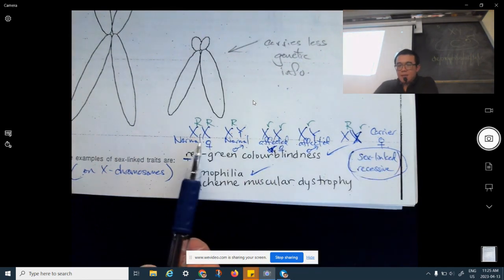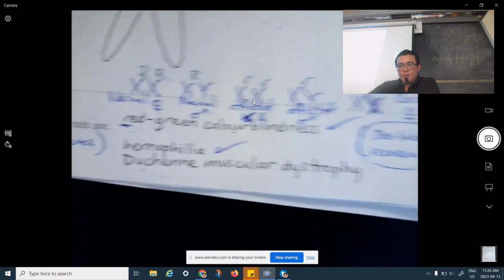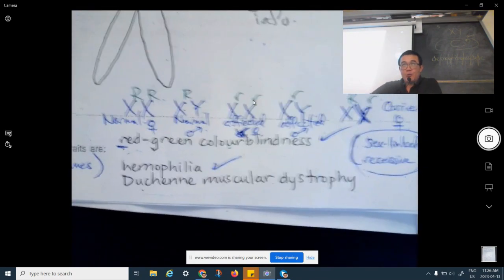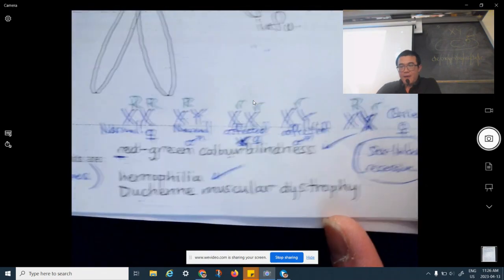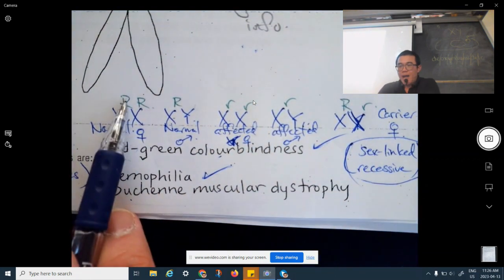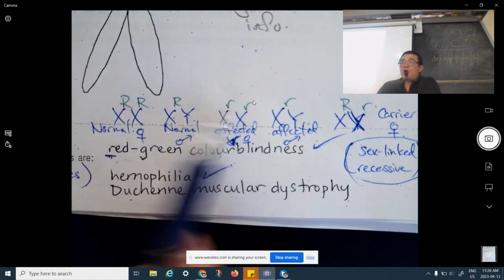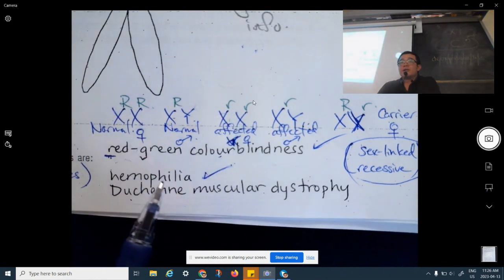So in this case, keep in mind, we're going to use red-green color blindness here, for example. Here are 5 different outcomes. We're going to use R because red starts with R, and big R and small r look sufficiently different.